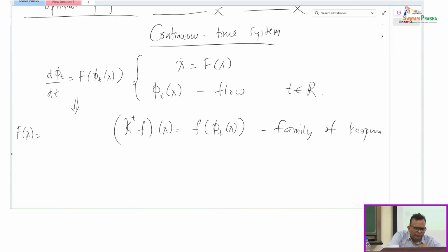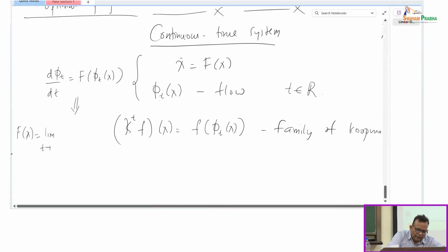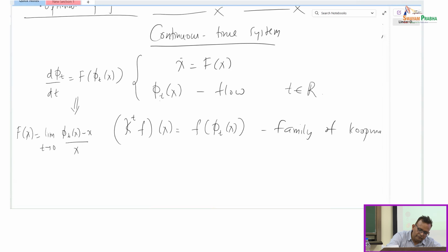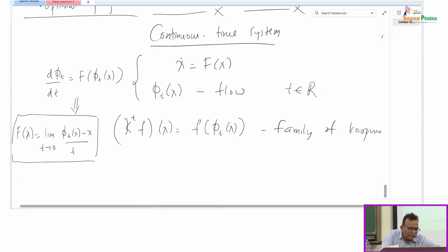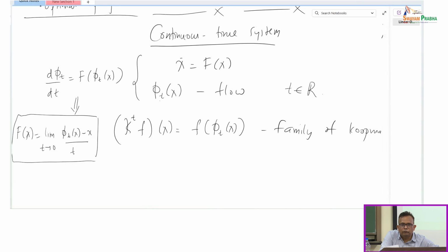If I want to write it in terms of limits, f of x is the limit as t goes to 0 of phi t of x minus x, divided by t, right? So this f of x is what is called a generator of the flow. This right hand side is basically nothing but d phi t by dt, right? This is the calculus.